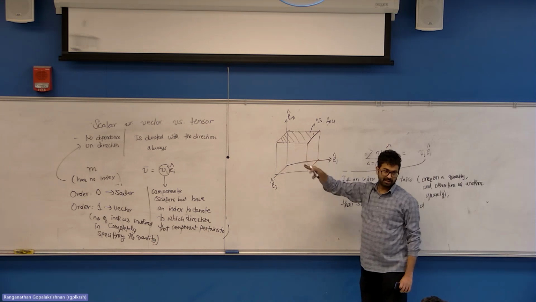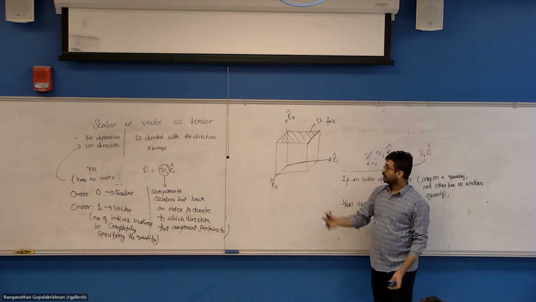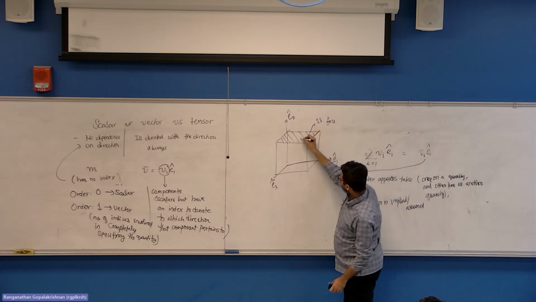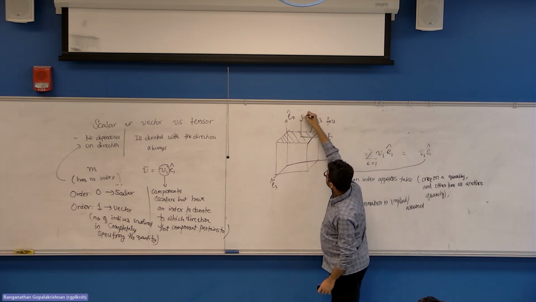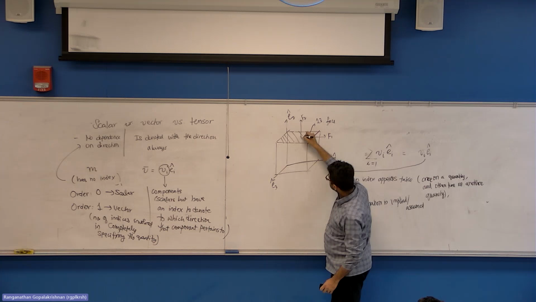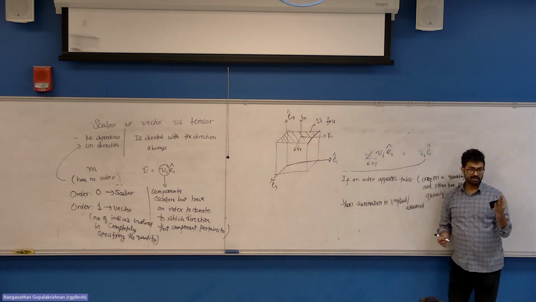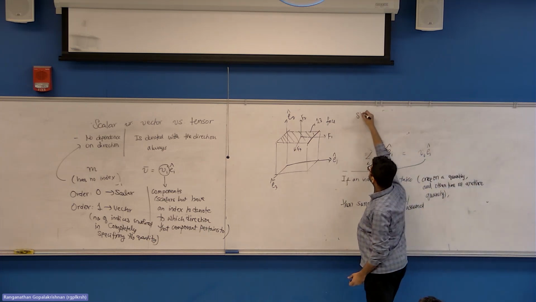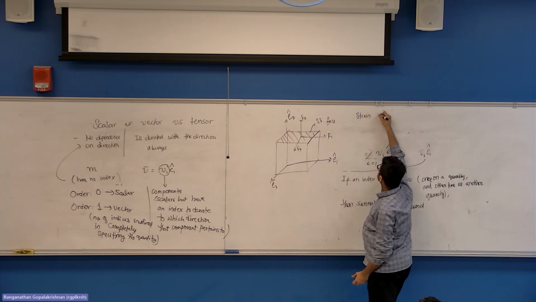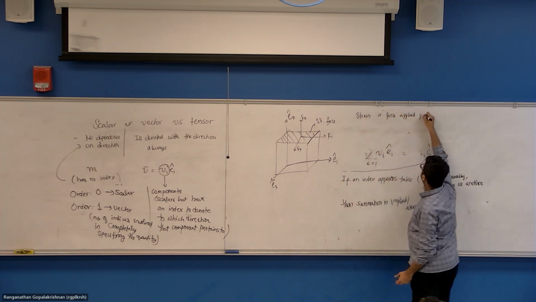On this 1-3 phase, there are three ways you can apply force. What are the three possibilities? You can have a force that is along direction 1. You can have a force that is along direction 2. You can have a force that is along direction 3. Only three possibilities, right? So how do you compute stress? What is our basic understanding of what is stress? Stress is force applied per unit area.